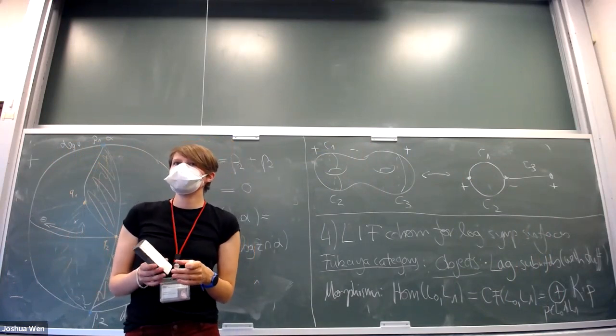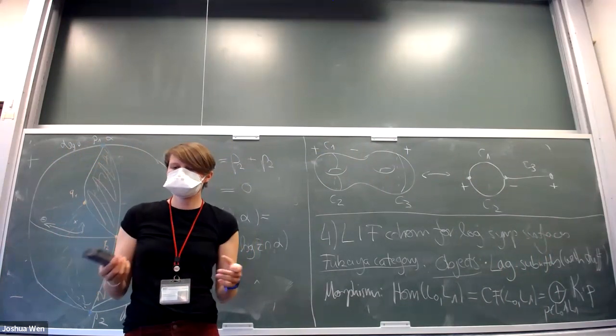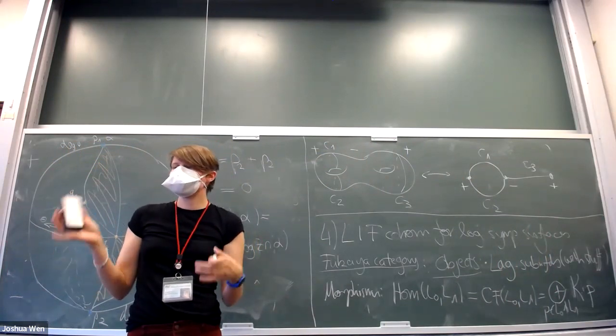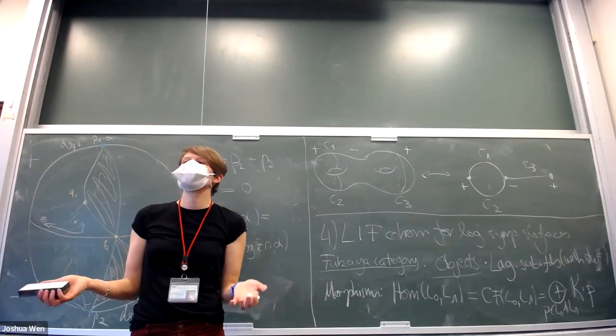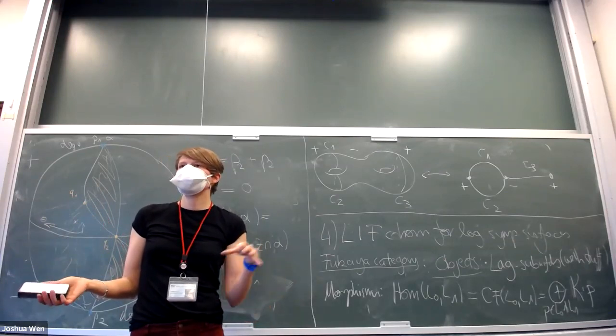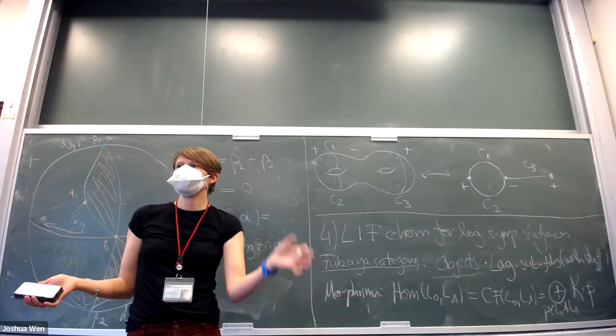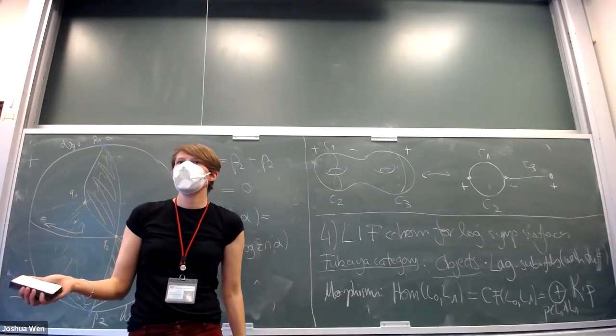What is considered, and this is referred to as stable generalized complex with normal crossing. There's some work by Kirchhoff-Lukat on these.